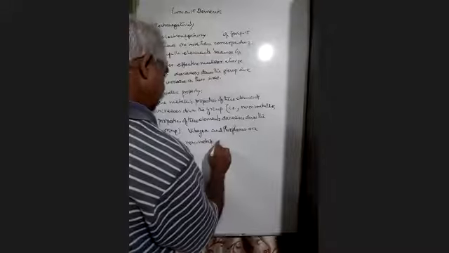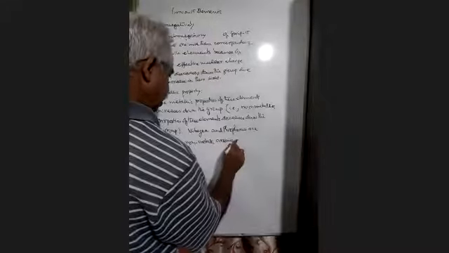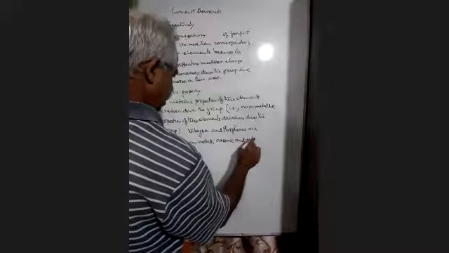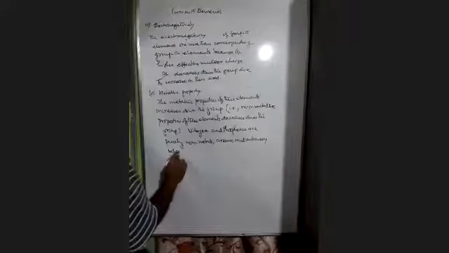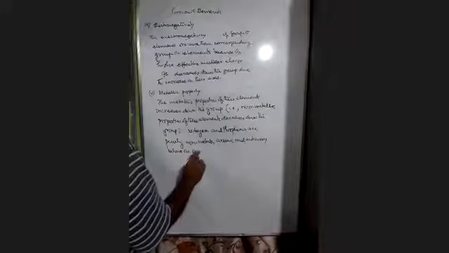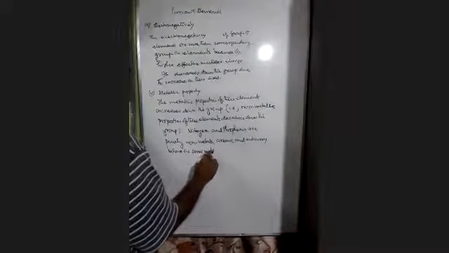Then arsenic and antimony behave as semi-metals. They behave more as non-metals, but they have a tendency to conduct electricity. This is the difference between metals and semi-metals. Semi-metals show more properties of non-metals, and one property of metals they inherited is electrical conductivity.